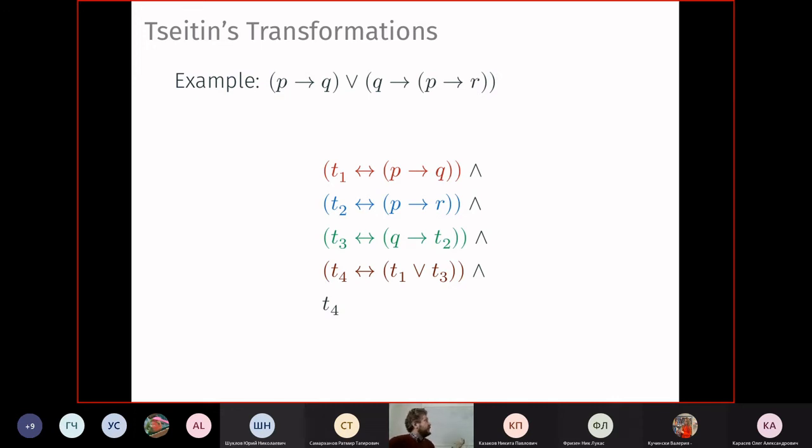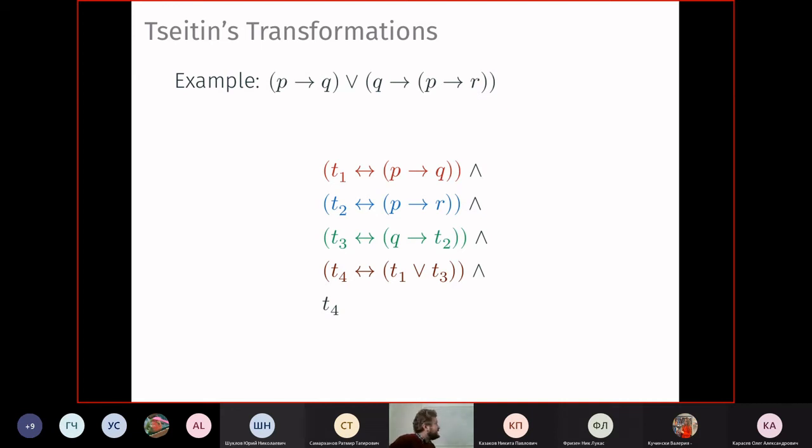Well, because due to these equivalences which are true, the variables T1, T2, T3, T4 are going to be exactly the values of the corresponding subformulas, right? And we know that T4 is true because it's satisfied and it's in the conjunction, so it should be true. And therefore the global formula is true. So satisfying this long formula is the same as satisfying the short formula.